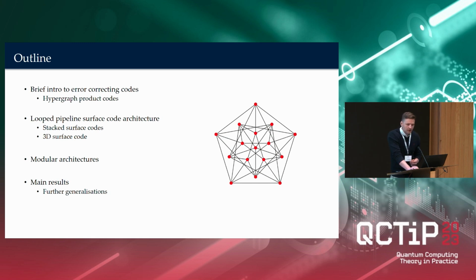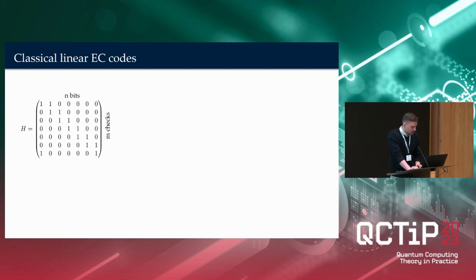And then finally, I will generalize some of the results even further to general modular architectures and even further to some interesting layouts and so on. So let's get started.